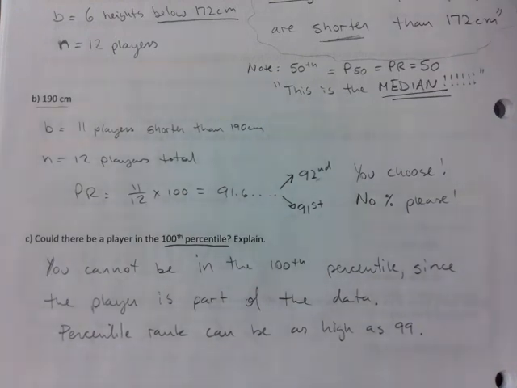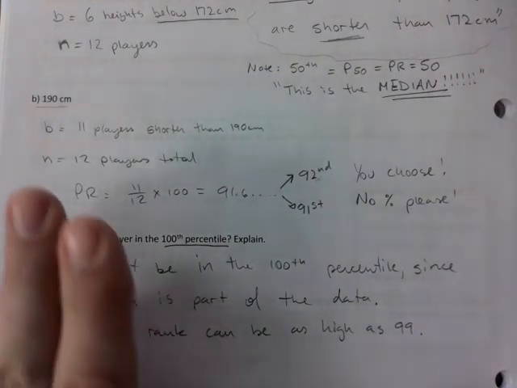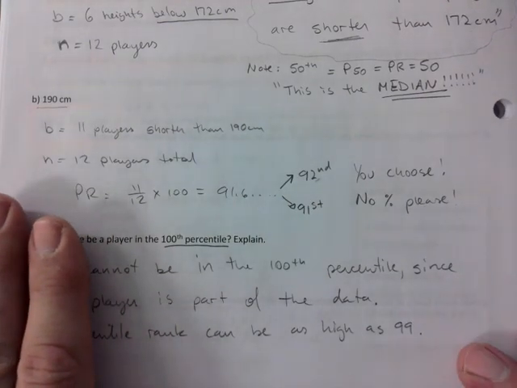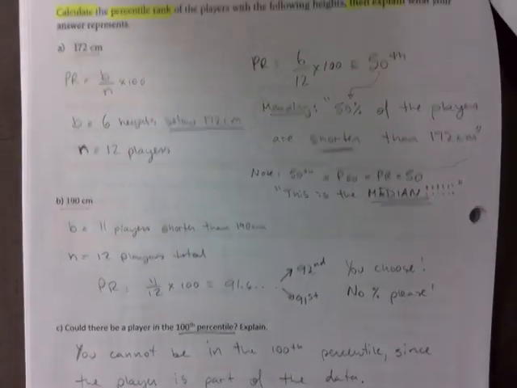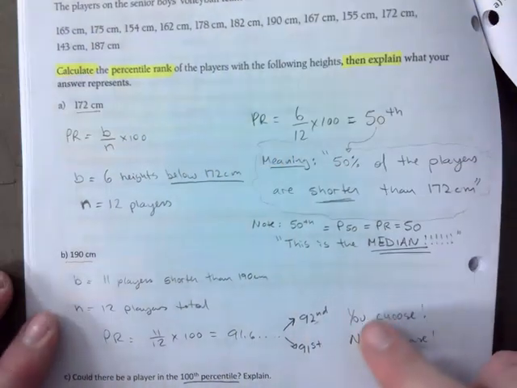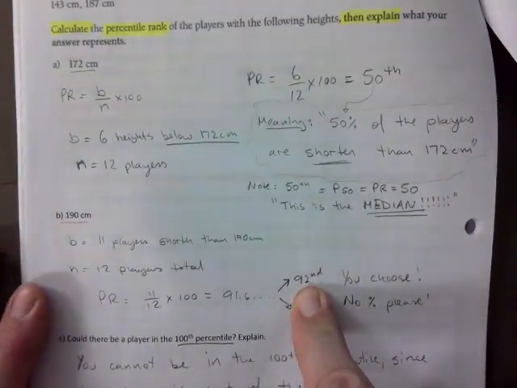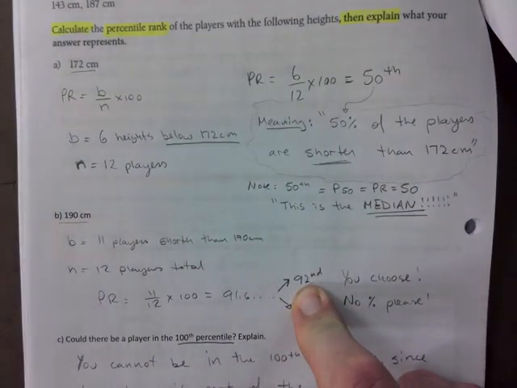But let's just put it into perspective. If you had no idea, listen carefully, if you had no idea what the heights were, let's say you did not know any of these heights, and I just said someone has a height where it places that person in the 92nd percentile, and I asked you, is that person pretty tall?